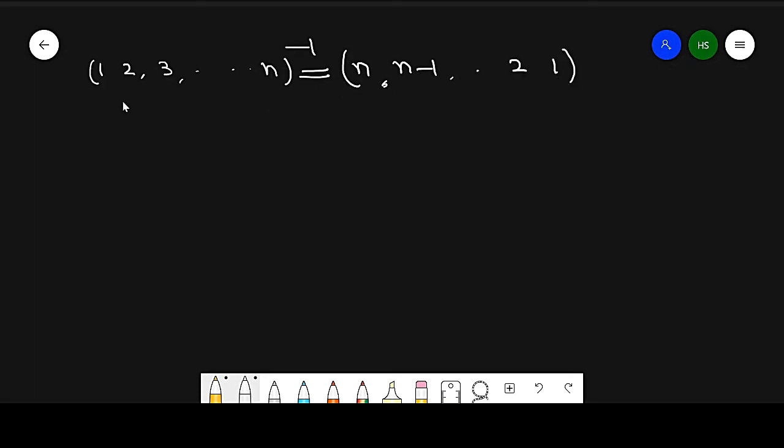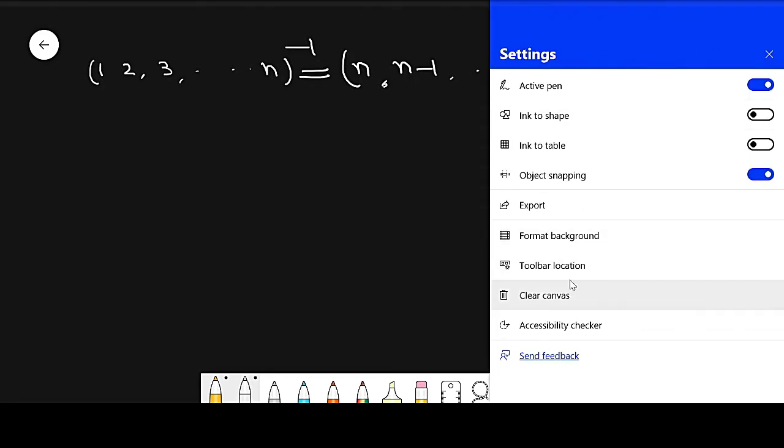Remember that the inverse of a cycle can be written in this way because their product is equal to identity. We can prove it easily.